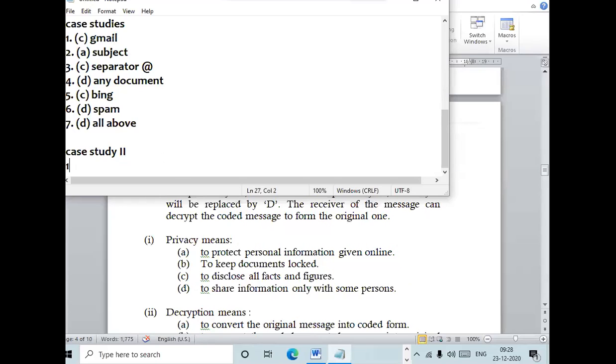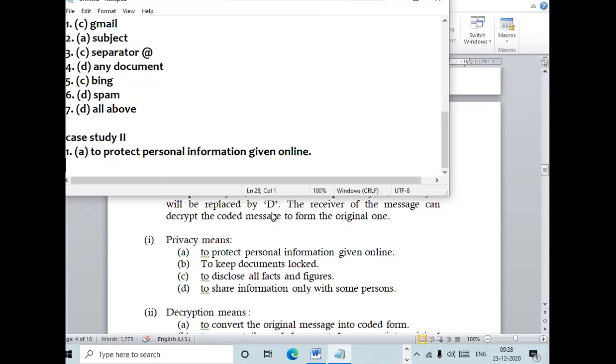First MCQ, privacy means to protect personal information given online, to keep documents locked, to disclose all facts and figures, to share information only with some persons. The appropriate answer is A. To protect personal information given online.